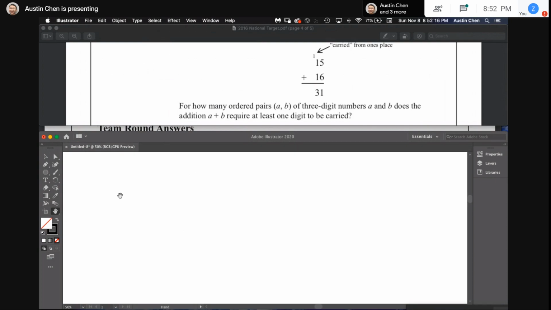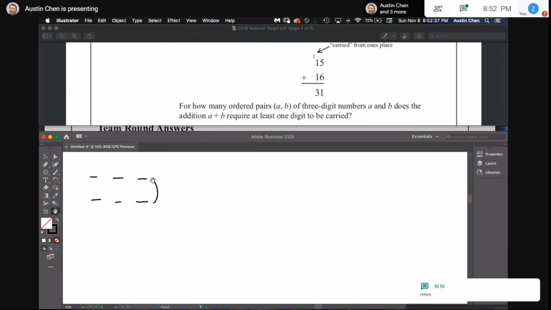So we're counting if you add two three-digit numbers and they have no carries, right? So we should first look at the sum of the first digit numbers, and we don't want any carries, right? Which means the sum has to be less than or equal to 9.